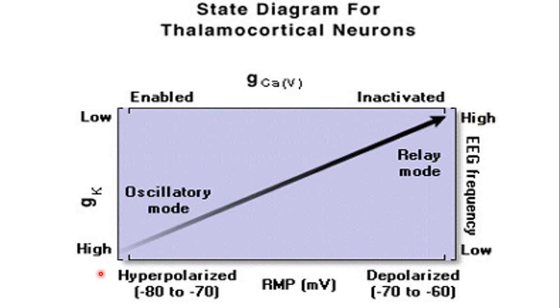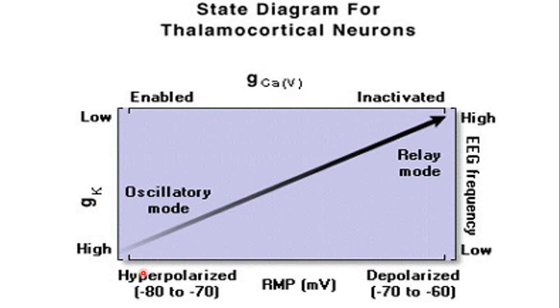Again, we said that we needed the hyperpolarization to generate the pacemaker for the oscillation of the low frequencies when the ascending reticular activating system was inhibited or off. And that put us in this low arousal state that caused us to generate more of these low frequency waves.